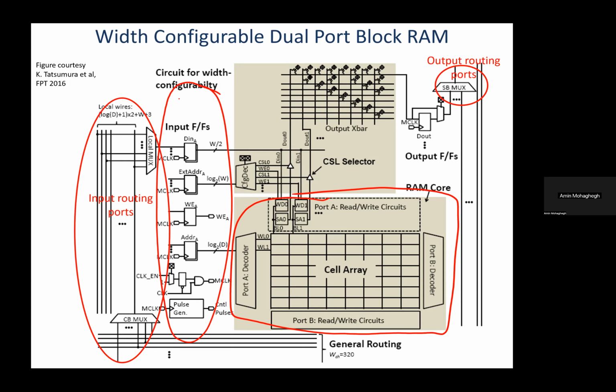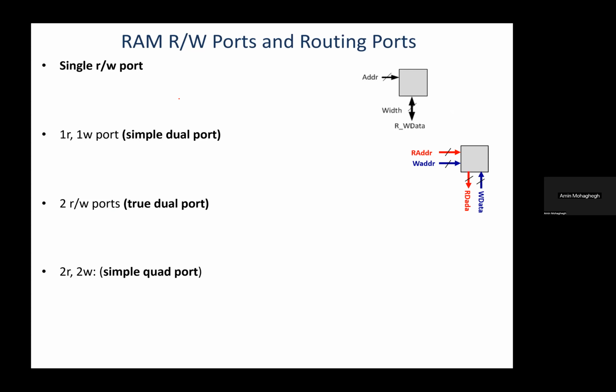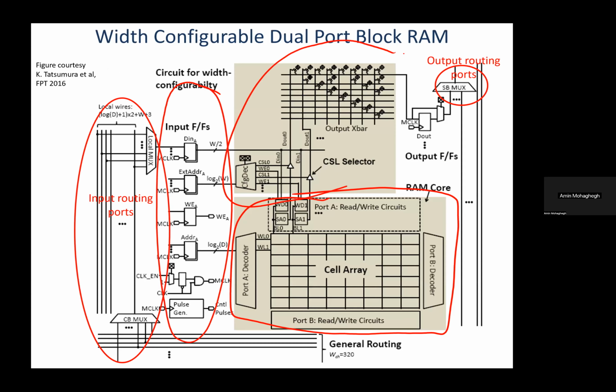And then the last thing is the details of this don't matter too much. This is showing one way of implementing it. This is basically some extra muxing that implements that configurable width. So the RAM itself here would output, for example, a 16-bit word.